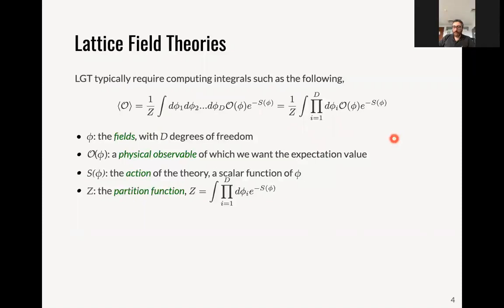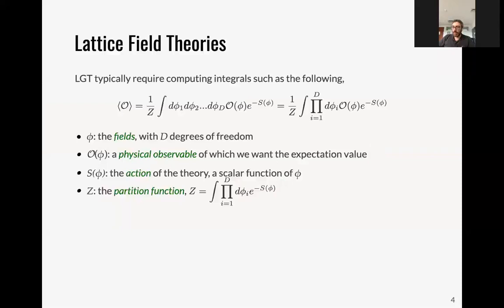And you also have the 1 over Z, the partition function there. So phi are the fields with d degrees of freedom, O of phi is some physical observable which we want to compute the expectation value of, S is the action, and Z you can see as a normalization.